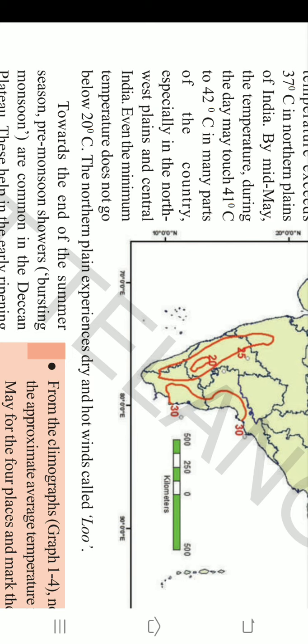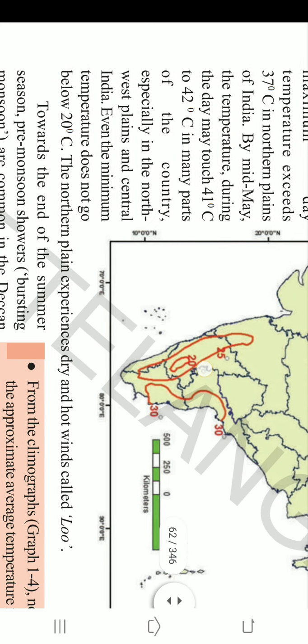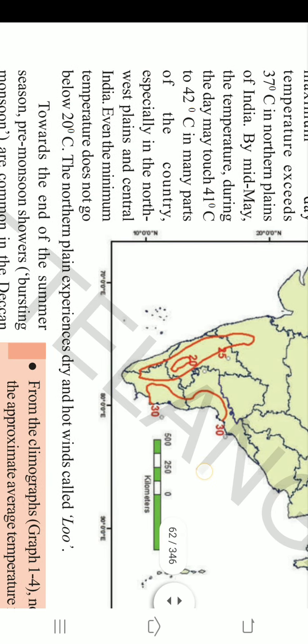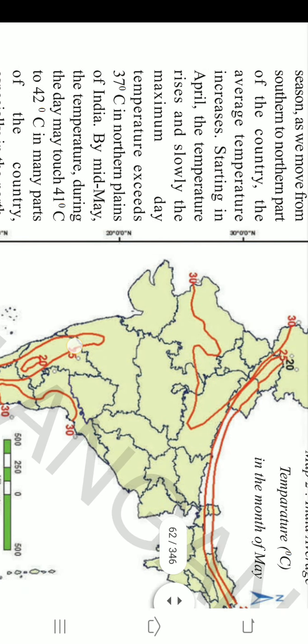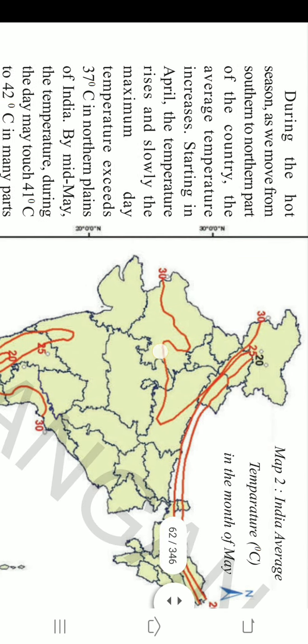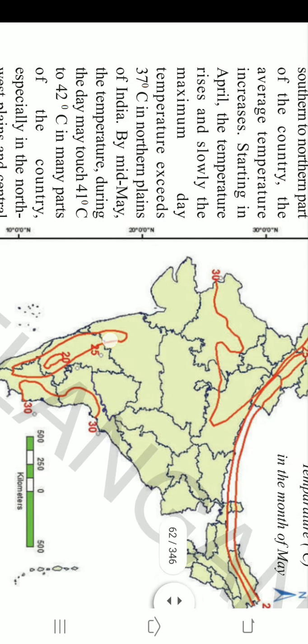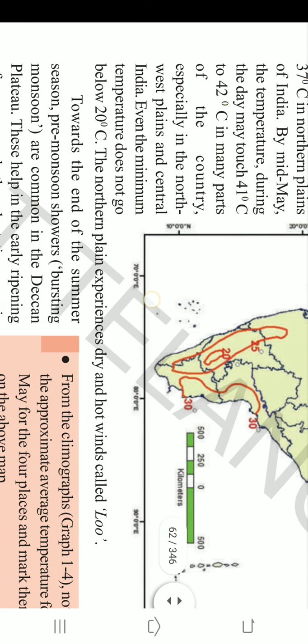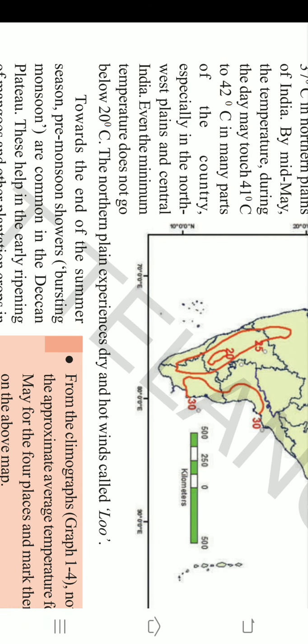Throughout India, in summer, the temperature does not go below 20 degrees Celsius in any part. In the northern part of India, in the Indo-Gangetic Plains, hard winds blow, and those hard winds are called Lu, my dear students.